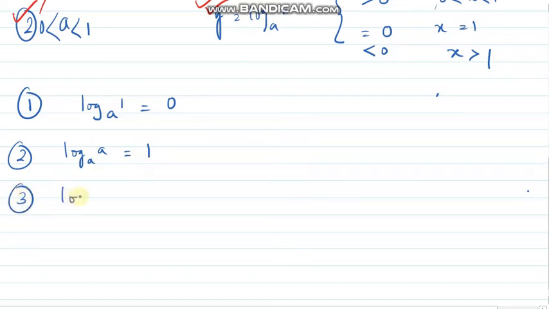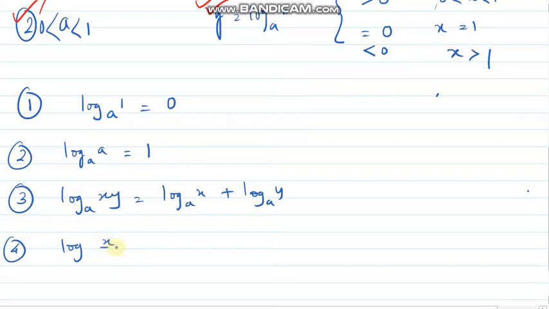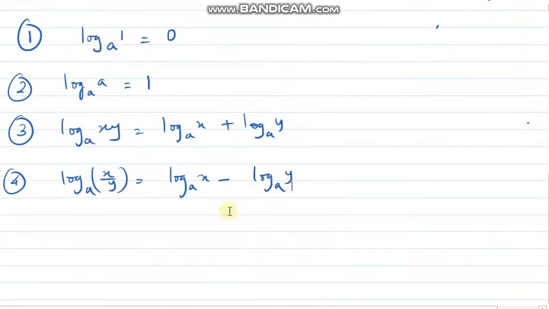The third formula: log of xy to the base a is equal to log x plus log y. The fourth formula: log of x divided by y to the base a is log x to the base a minus log y to the base a. This is the fourth formula.